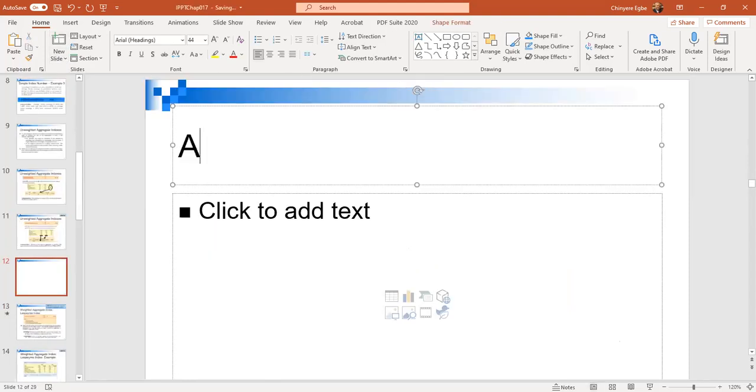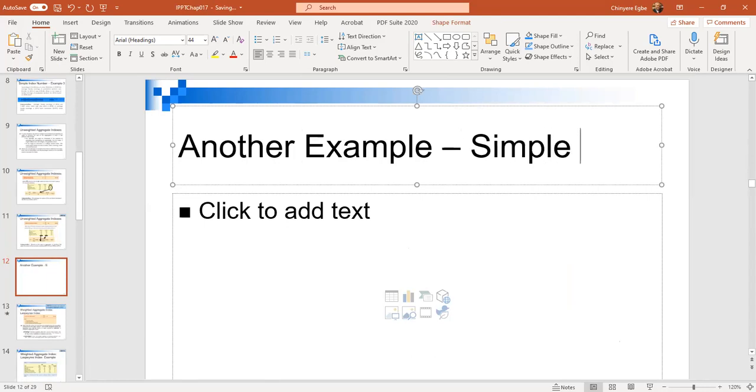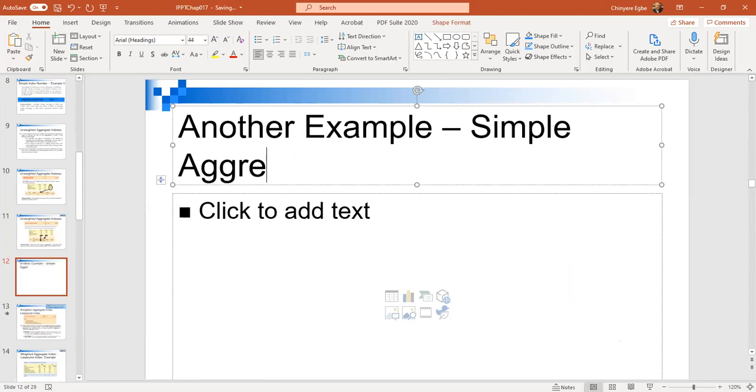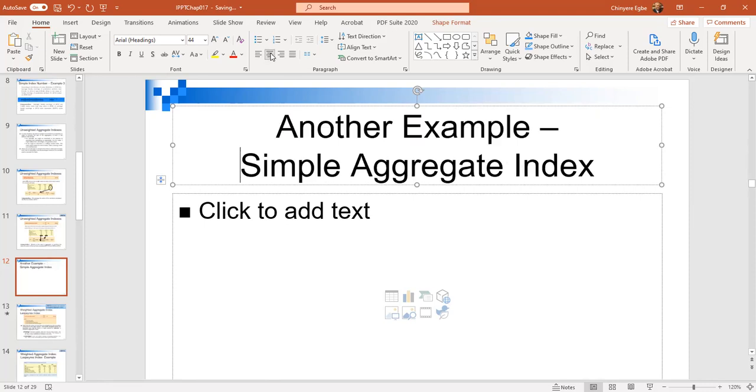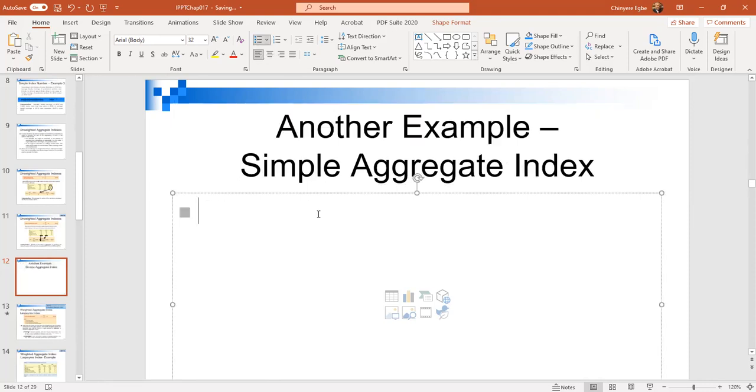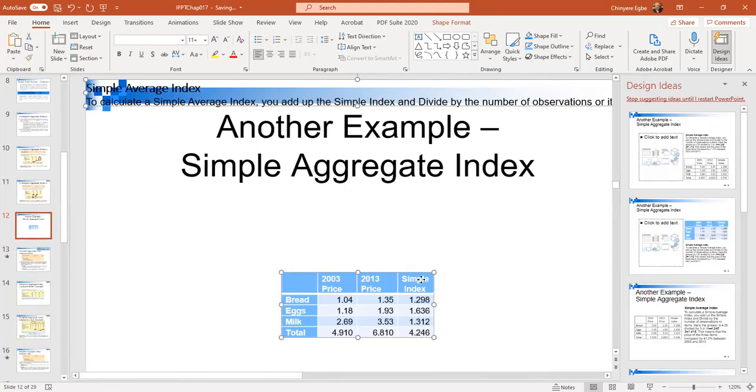So another example, a simple aggregate index.